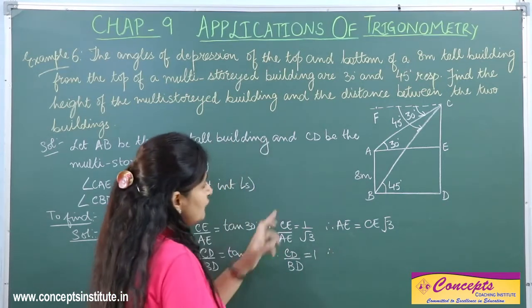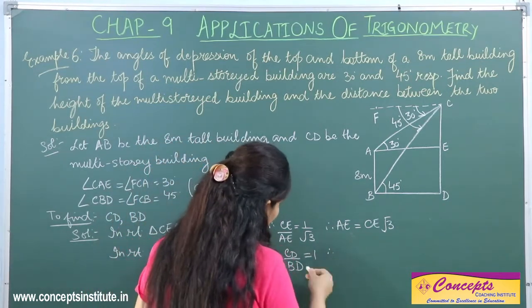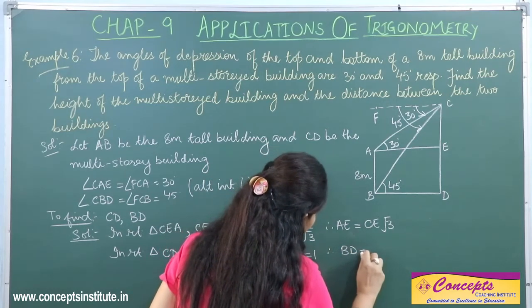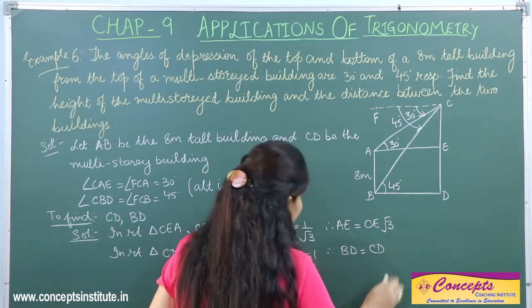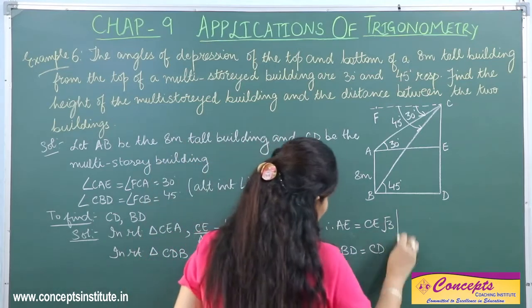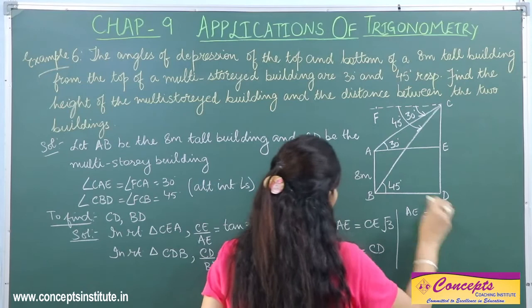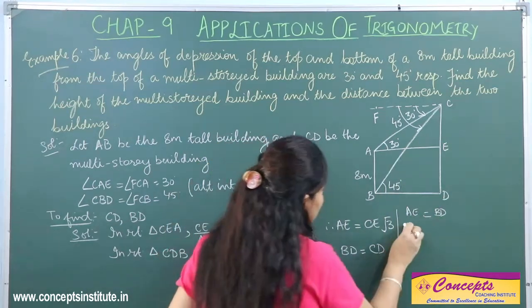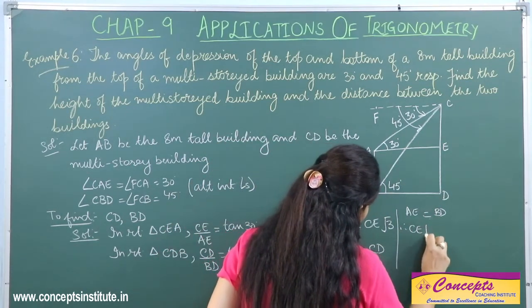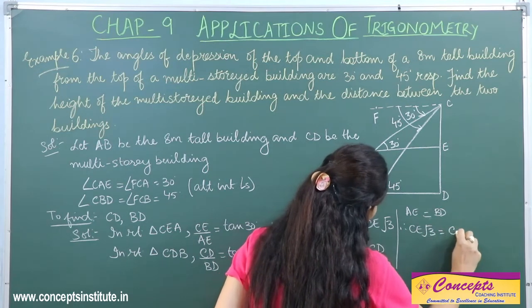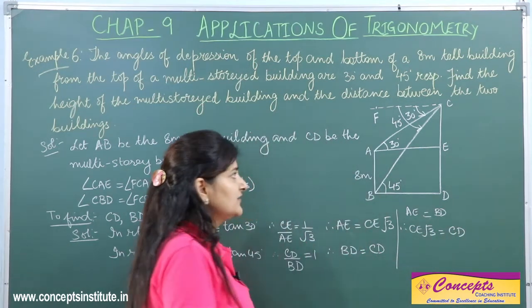Therefore CD would be equal to BD. Now we know that AE is equal to BD because these are the opposite sides of a rectangle. So therefore we get CE root 3 equal to CD, right students?